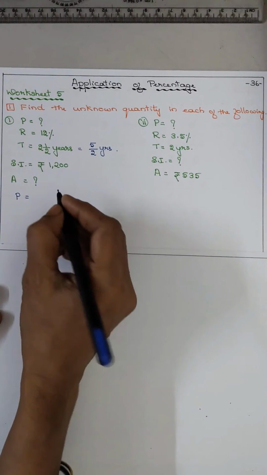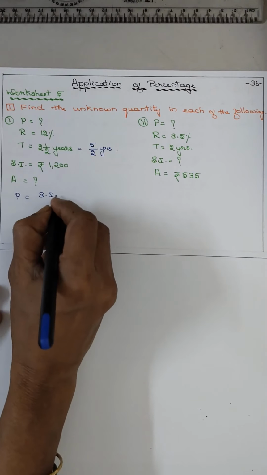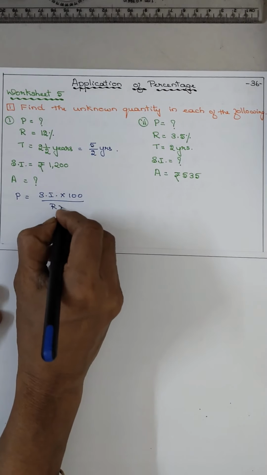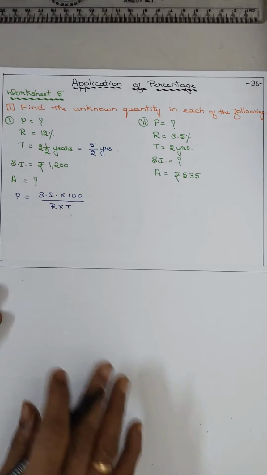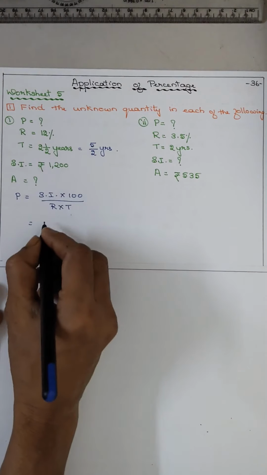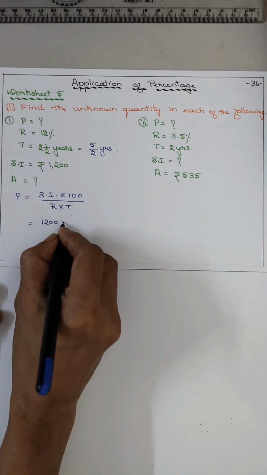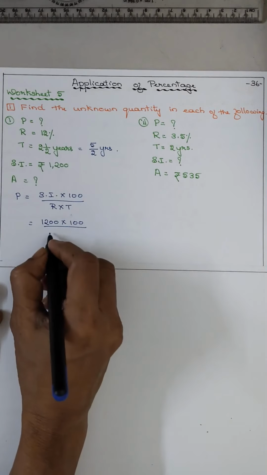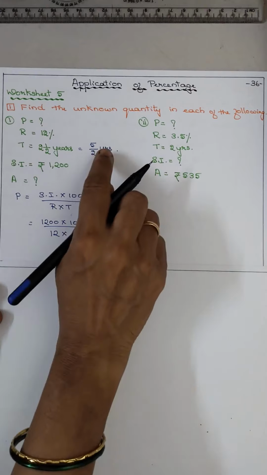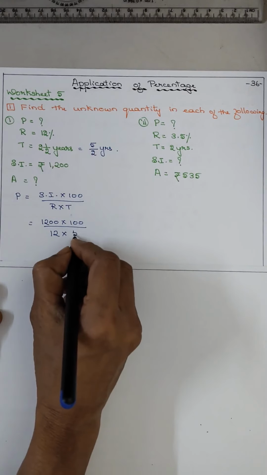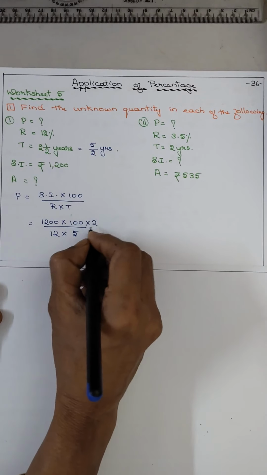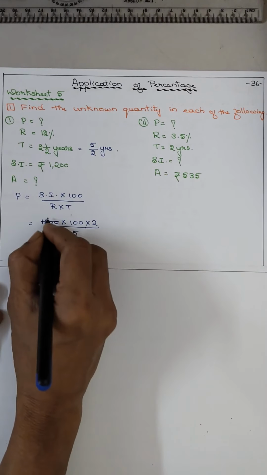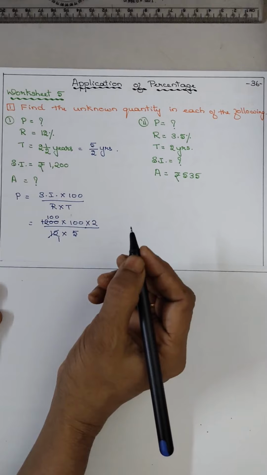What is the formula? SI into 100 upon R into T. So SI is given 1200 into 100, R is 12 and time is 5 by 2. 5 in the denominator, 2 in the numerator. 12 ones are 12, hundreds are.